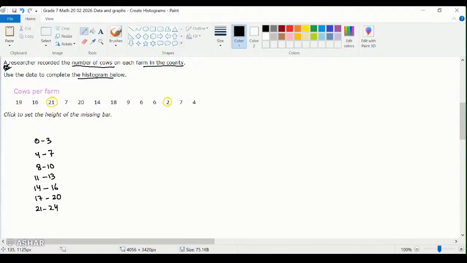We can take this as the number of cows on the x-axis. This represents number of cows, agreed? And this would represent number of farms.